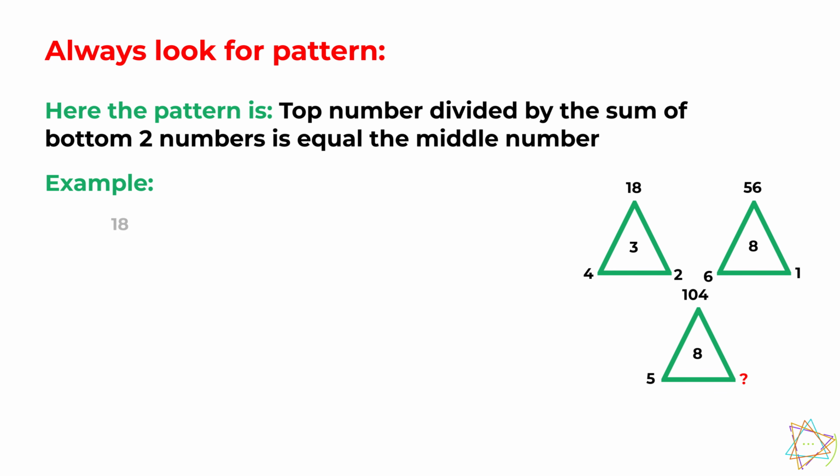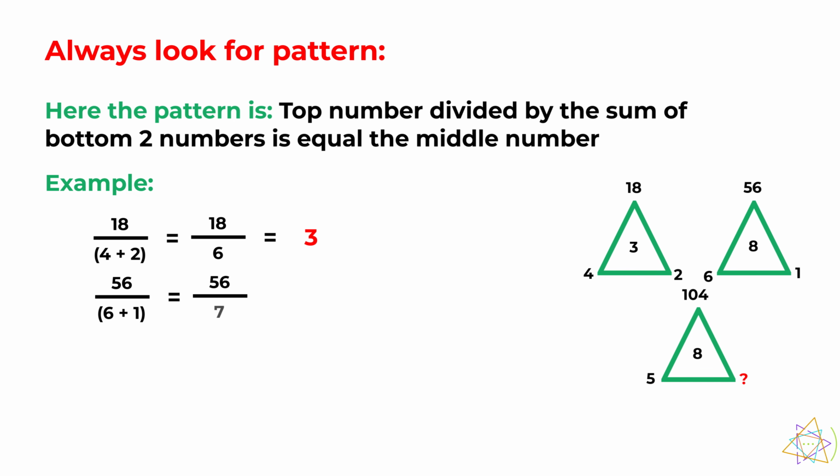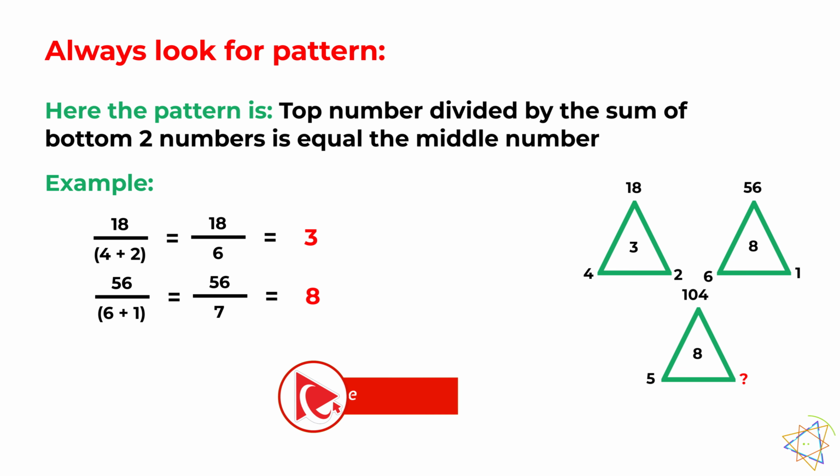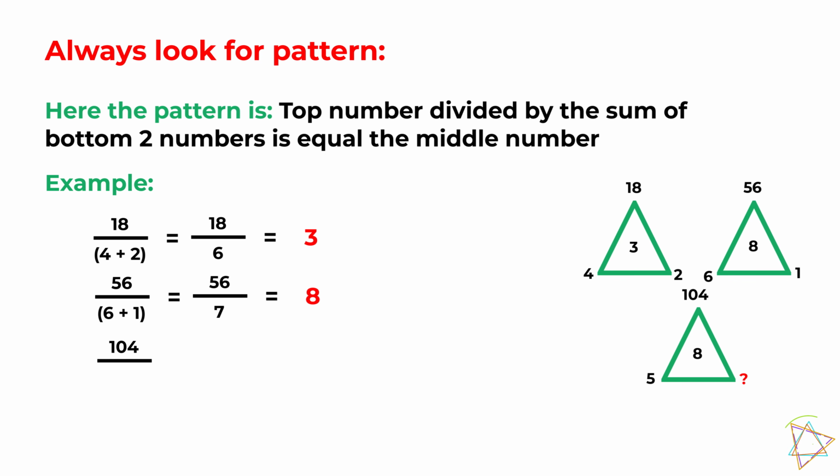For example, 18 divided by (4 plus 2) would be equivalent to 18 divided by 6 and would result in 3. 56 divided by the sum of 6 and 1 would be equivalent to 56 divided by 7 and would equal 8. Which means that we can build a formula. Our formula will have 104 divided by the value in parentheses (3 plus question mark) equal to 8.